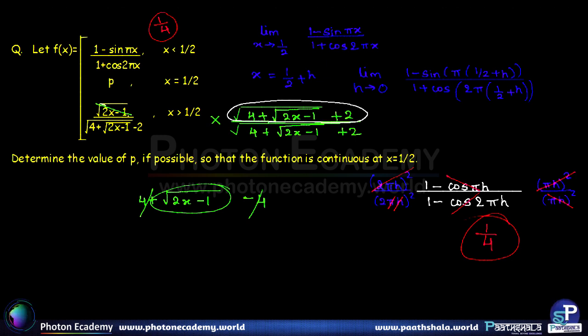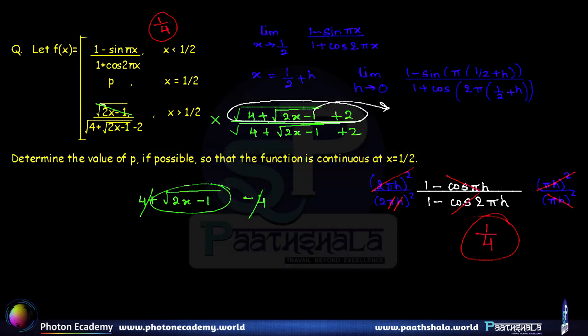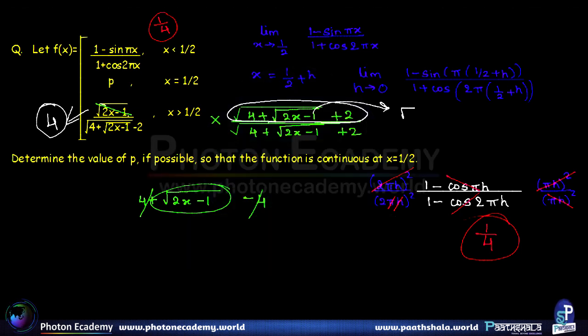Substituting x equal to half over here, this will become 0, and under root of 4, that is 2, plus 2. So the limit of this will become 4. Now you can see that the positive limit and the negative limit of the function are not equal. So the function cannot be continuous at x equal to half. So p will not have any value. The value of p is not possible.